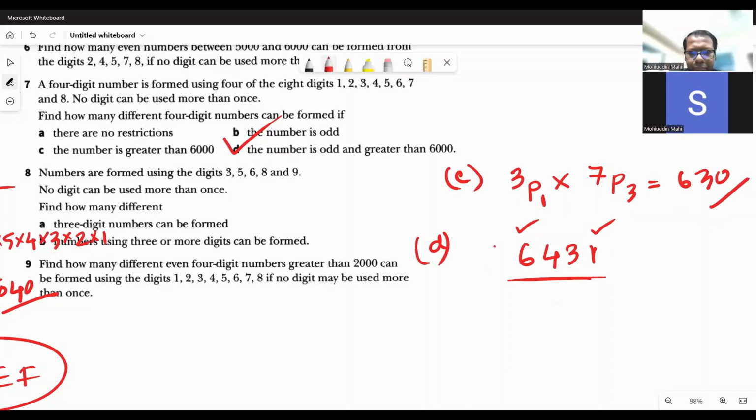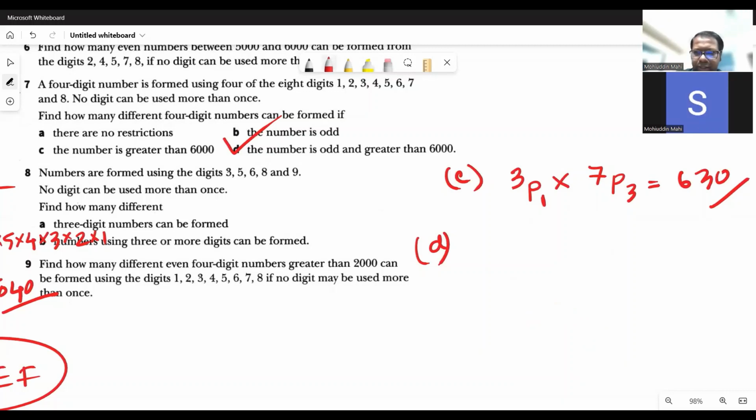And 7, 4, 3, 1. The first position is an odd number, the last position is an odd number. So in this kind of math, you have to solve it in 2 different cases.